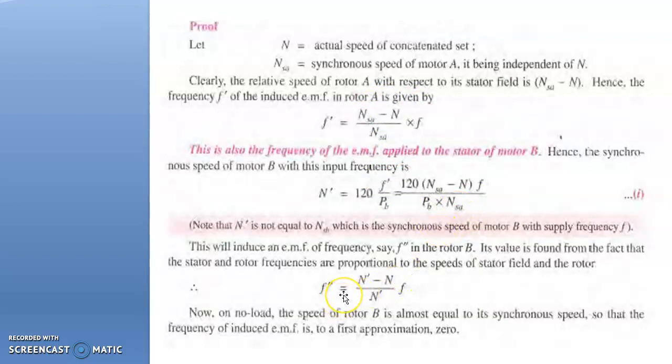For the no load condition, you can assume that F double dash is going to be very small. Already F dash is very small because it is S times F. S usually ranges from 3 to 5%. For example, F is 50 Hertz, so for this 50 Hertz frequency, F dash will be 5% of 50 Hertz, which is a very small value.